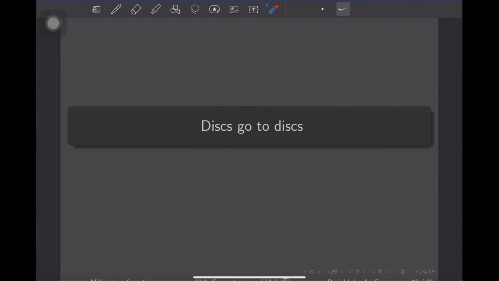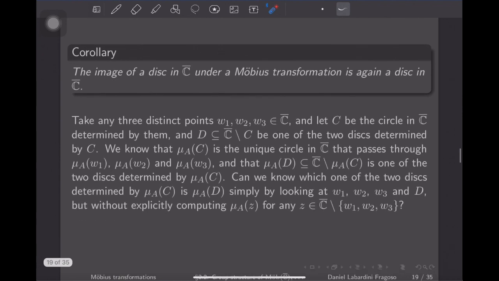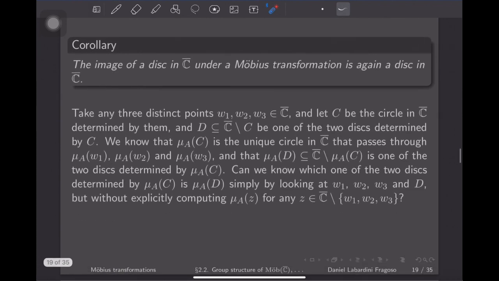Because it's a homeomorphism, if I take one of the two components of the complement, it has to go to one of the two components of the complement. So disks go to disks. So the image of a disk in C bar under any Möbius transformation is again a disk in C bar.